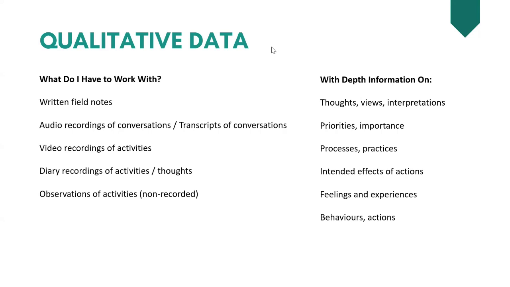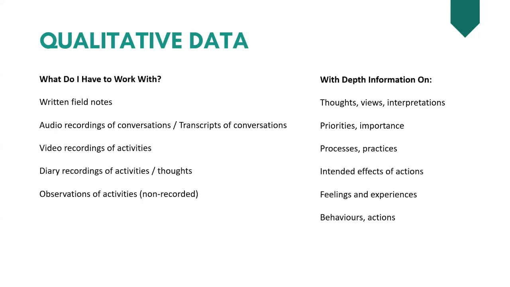And again, I want to emphasize, understand what you want from your data first, because this is where it comes into. We get deep information on thoughts, on views, on interpretations. We get information on priorities, how our respondents view something in relation to something else, the importance of things or the lack of importance of something.